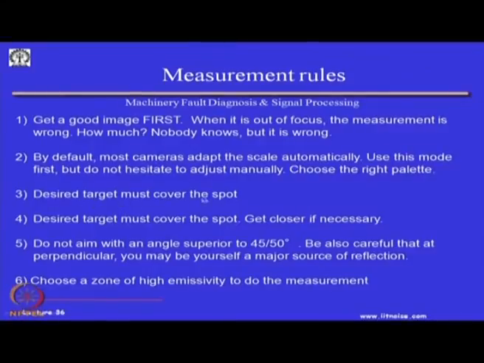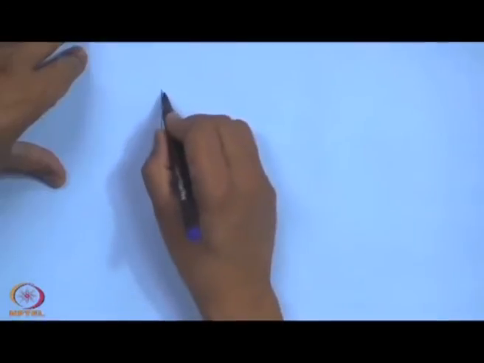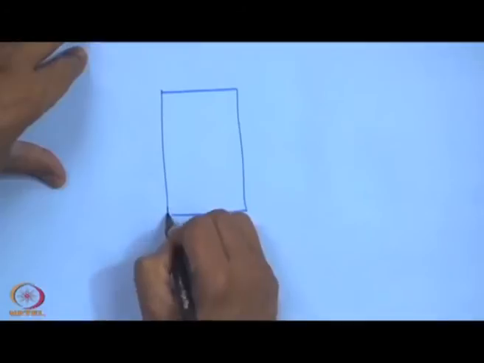The desired target must cover this spot, and that is why sometimes we have to use a laser, and do not aim at an angle greater than 45-50 degrees. But sometimes, if you are perpendicular to the body, you may also be picking up reflections, so choose a zone of high emissivity to do the measurements. So, these are some things you have to keep in mind. For example, whenever you are measuring a shiny metal, I will show you an example where we had a refrigerator and I was trying to measure.